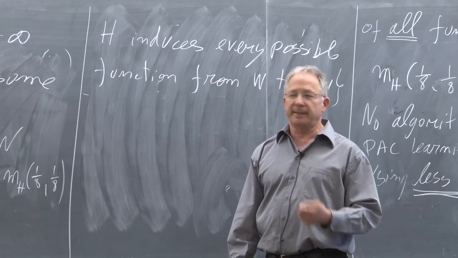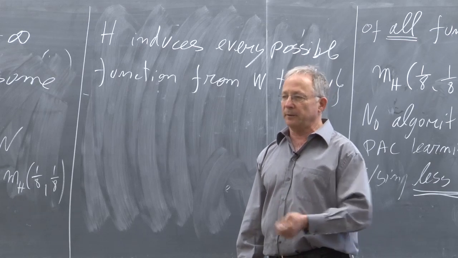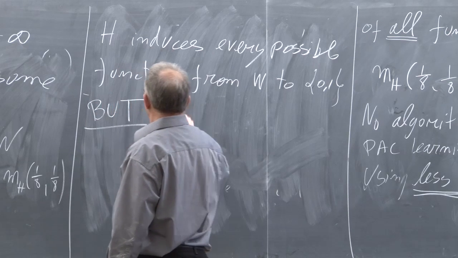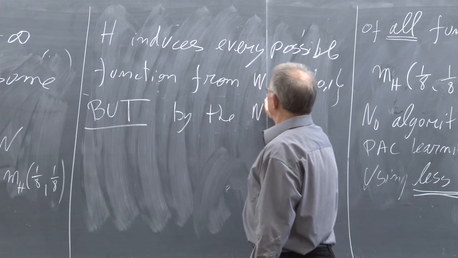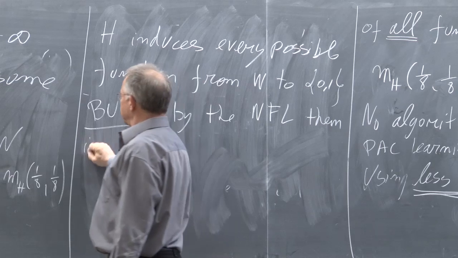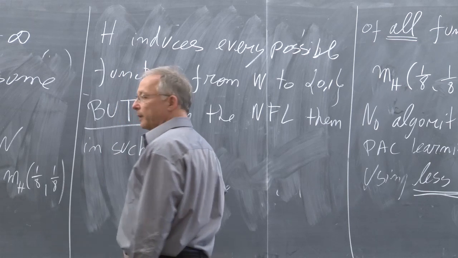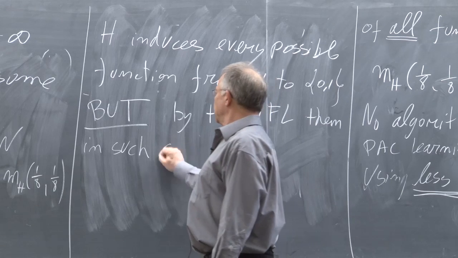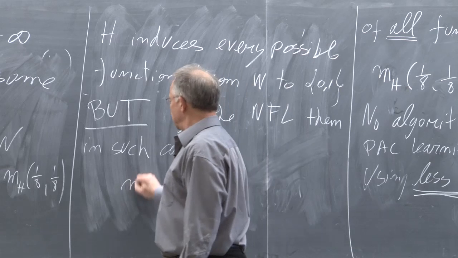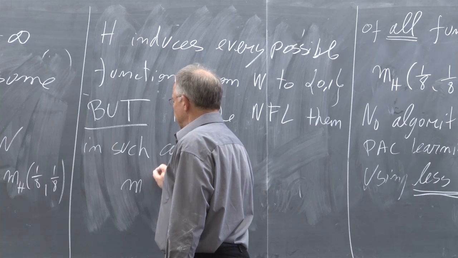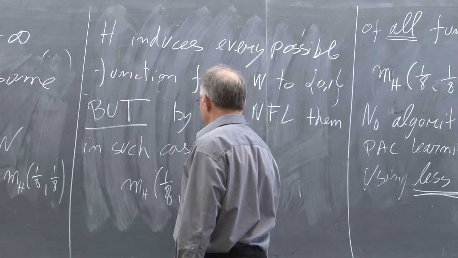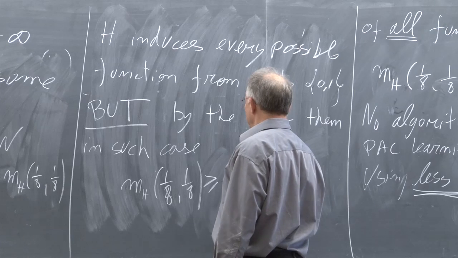We have to be able to succeed against every possible function over W. But by the NFL theorem, in such a case, if the class contains all the functions over W, m, the number of points that I need in order to get 1 over 8, 1 over 8, is at least W over 2.